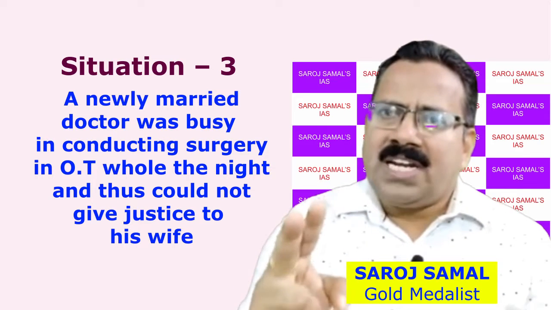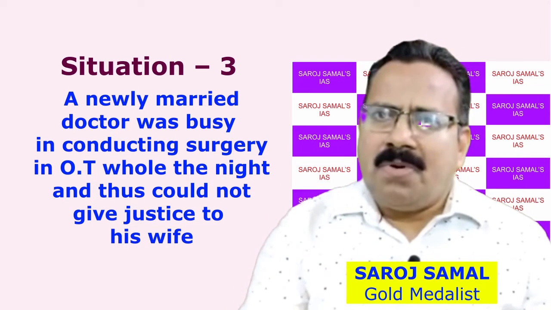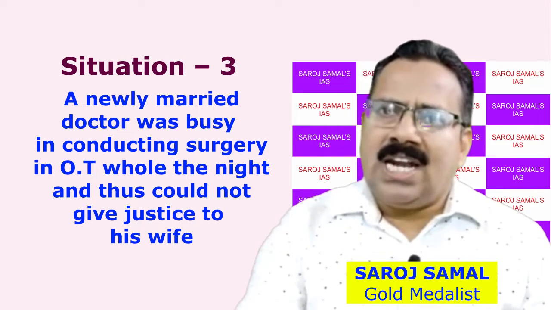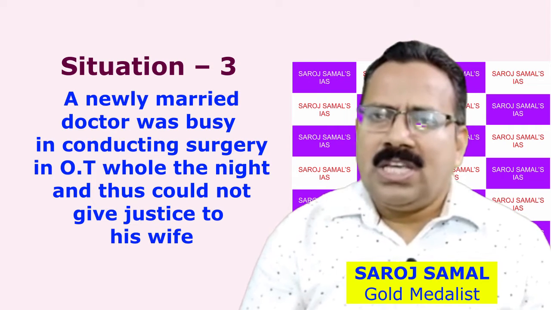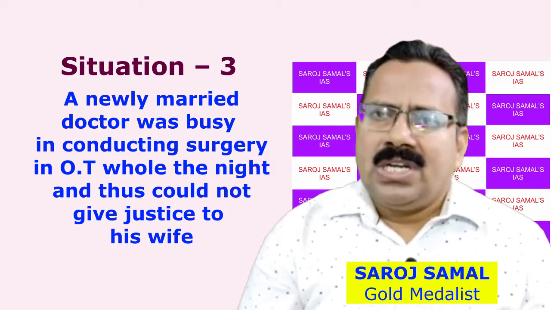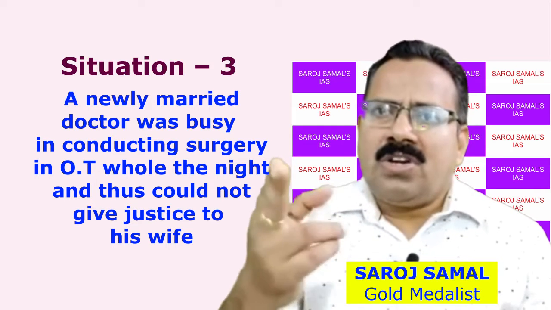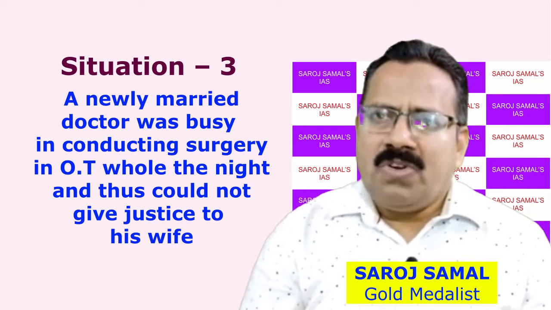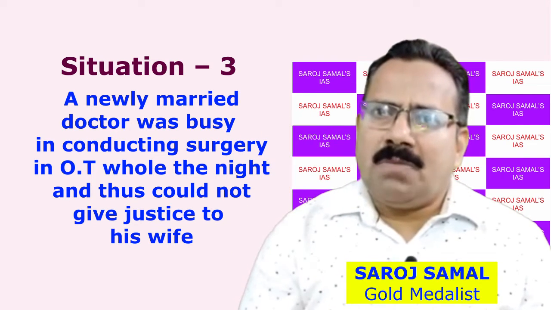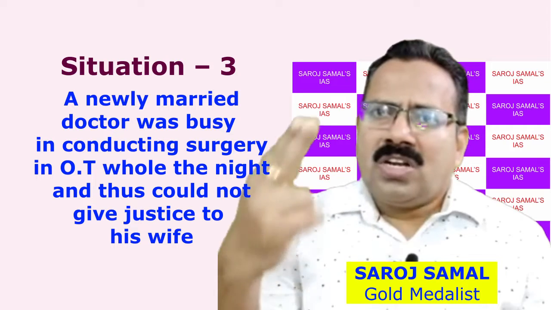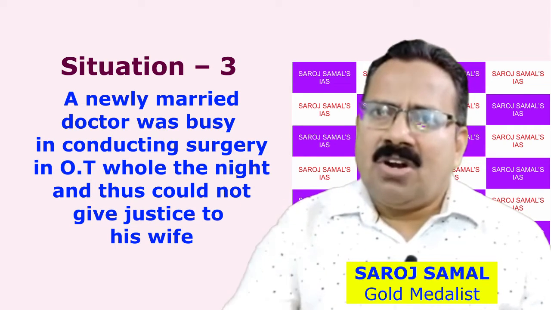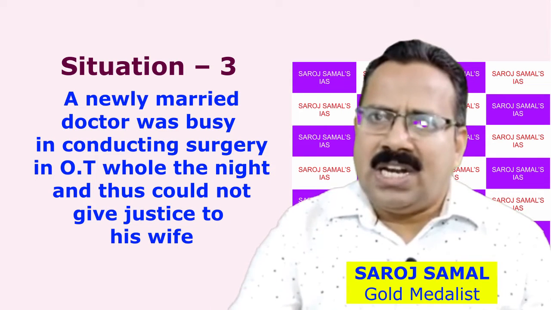And role conflict may take place because of conflict of interest between two statuses and two roles. How? As he is a doctor, obviously he was conducting surgery somewhere in the OT. He wanted to give justice to the patient. Certain complications took place related to the surgery. The whole night the doctor spent there in the hospital.